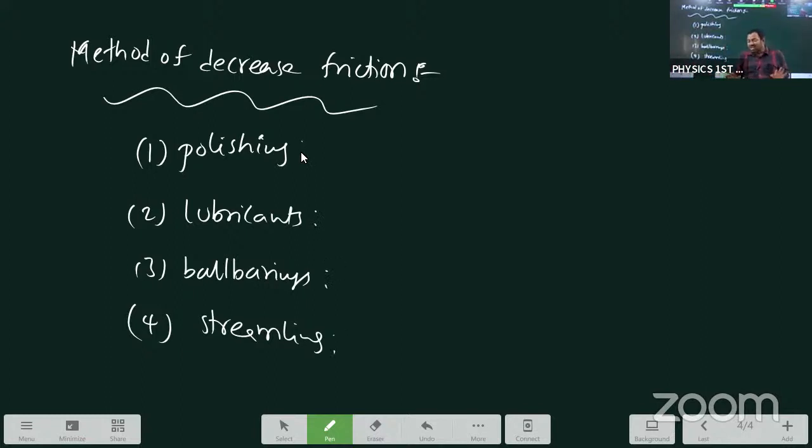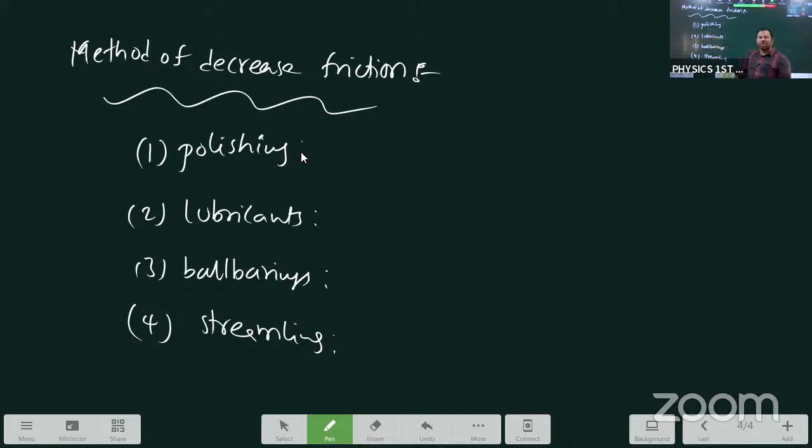Student, listen carefully. Remember, they can get shocked after this answer. See, polishing is a side heading. On polishing, friction reduces. By using lubricants, friction reduces. By using ball bearings, friction reduces. By using streamlined shape, friction reduces.